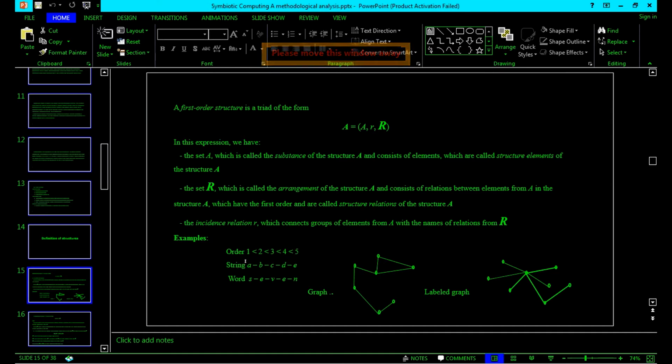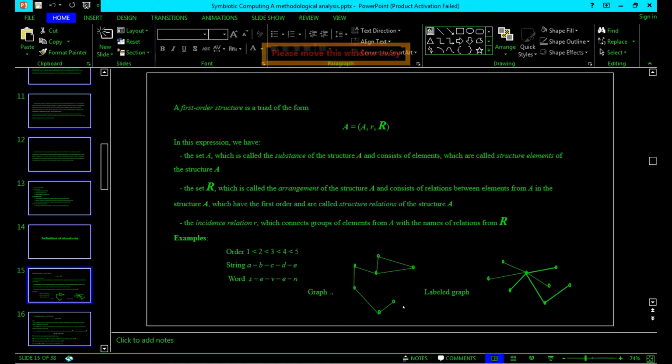A string A, B, C, D, E is a first order structure. Relations are relations between consequent symbols. A word, for example, 7, is also a first order structure.